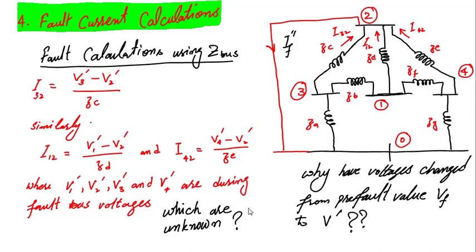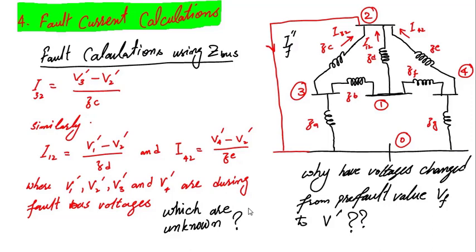This is my question, because this question will give us the formula to calculate these changes. So obviously, what has changed in the network? The only change is this hypothetical connection between bus number 2 and the reference, that is a fault, due to which a current is flowing out of the network into the reference. This is the only change.